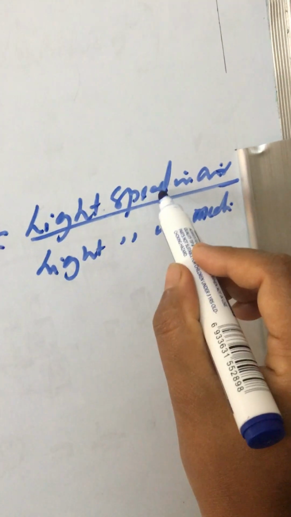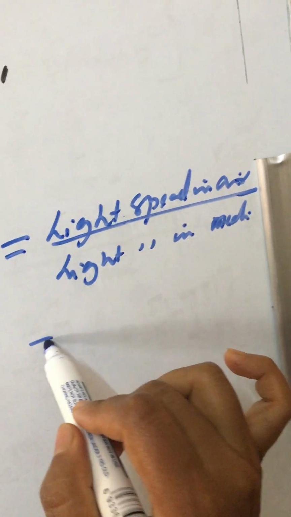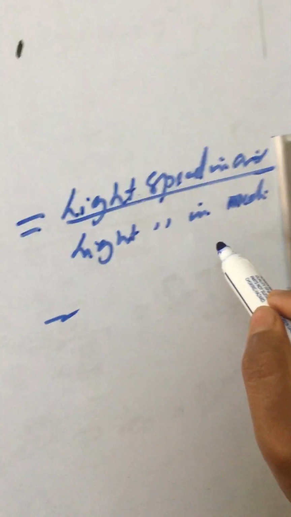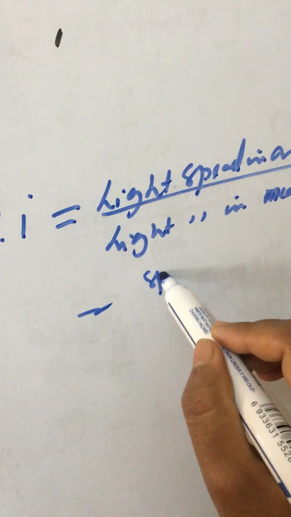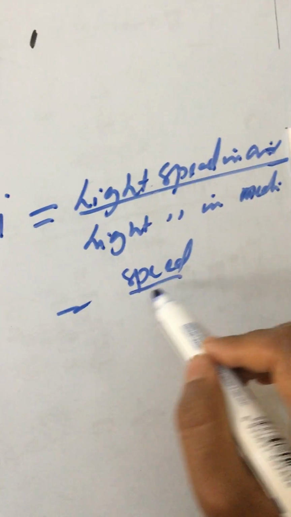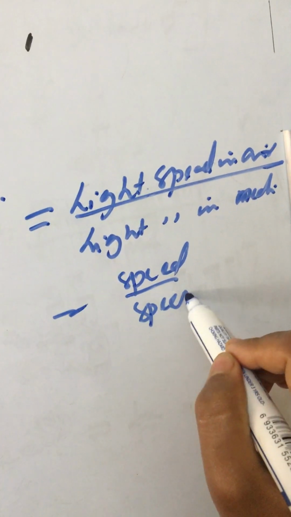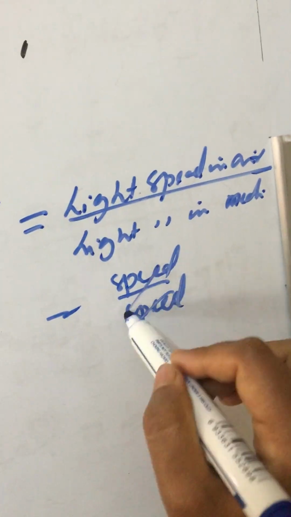So it is light speed by light speed. That means it is speed by speed, isn't it? A refractive index is just the measure of speed by speed, right?